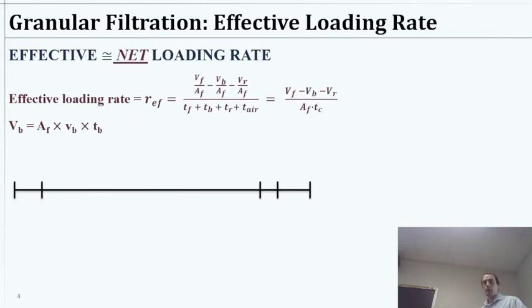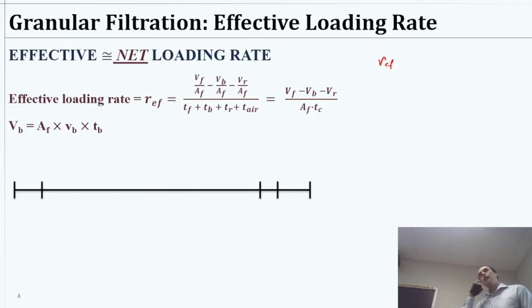Now, I mentioned a minute ago, how about that net loading rate or that effective loading rate? And here, thankfully, we're not using another V term. We're using REF, or it might actually be REFF. It just means effective, right? So the book uses this lowercase r effective as that effective or net loading rate.